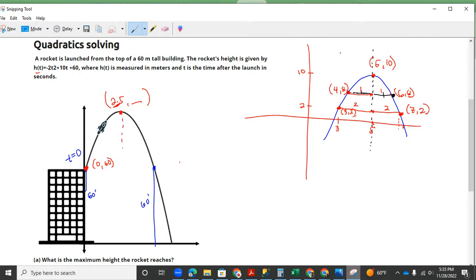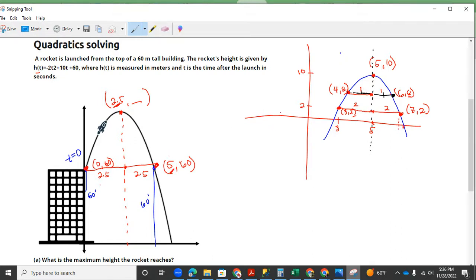If we draw our axis of symmetry here, from here to here is 0 to 2.5, so from here to here must also be 2.5. Therefore the total x value is 2.5 plus 2.5, which is 5 seconds. So this is 5 seconds comma 60, because they have the same height of 60.